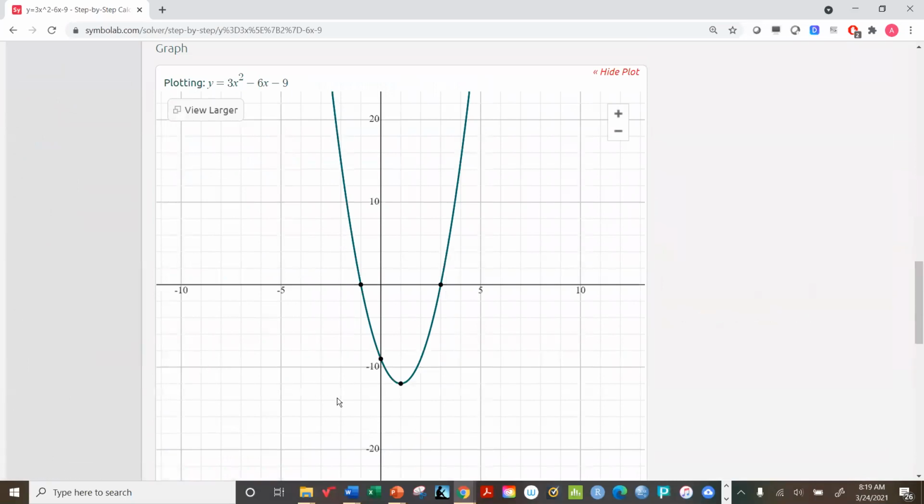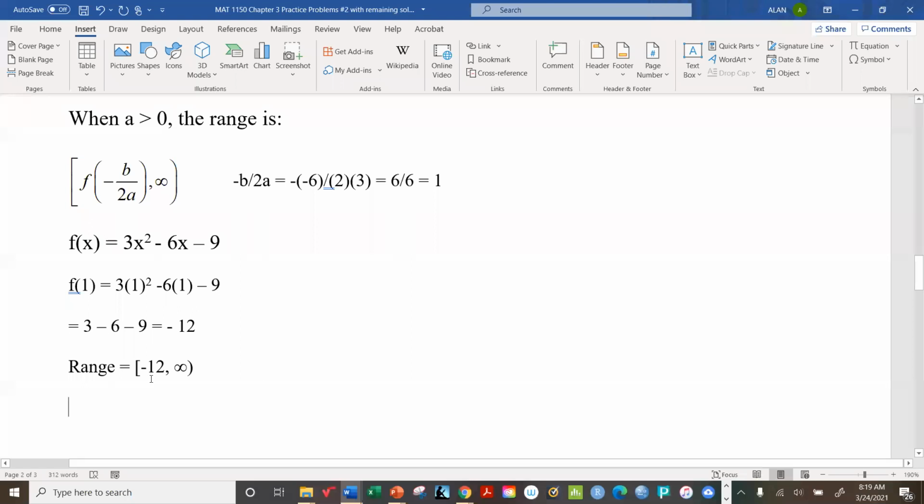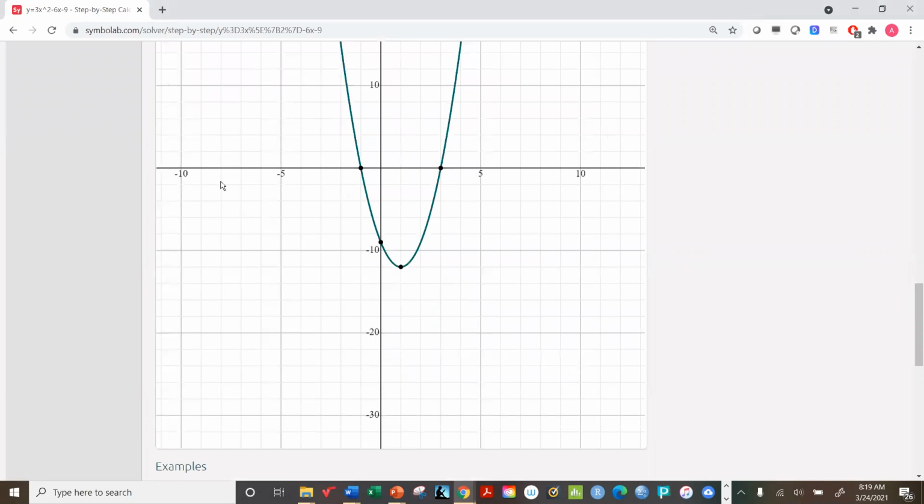Okay, so you can see the logic here. This point is 1 comma negative 12. So there's no point on this function where y can be less than negative 12. In other words, y has got to be negative 12 or above, but it can't fall below that point. And so that's why we say that the range is negative 12 up to infinity. The domain, on the other hand, is the entire real number line.